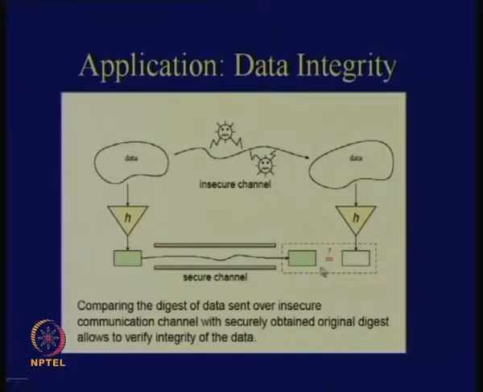So you see that this verification can be done based upon the assurance that the h(x) value, or the digest, has been transferred without change. Therefore, comparing the digest of data sent over an insecure communication channel with the securely obtained original digest allows us to verify the integrity of the data. So it gives us assurance for the integrity of the data.